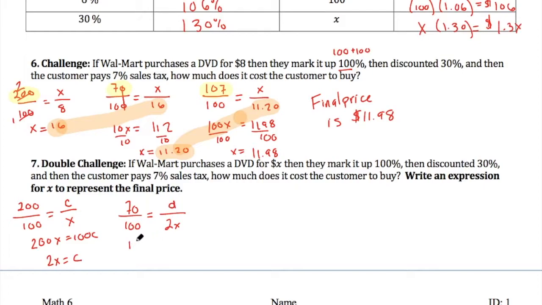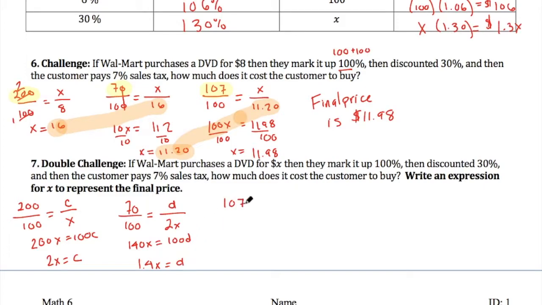All right, so we'll do our cross products. 140x from 70 times 2x is equal to 100D. And we'll divide by 100, and that'll make this 1.4x is equal to D. And so that's now the cost relative to having the markup and then the discount both applied.